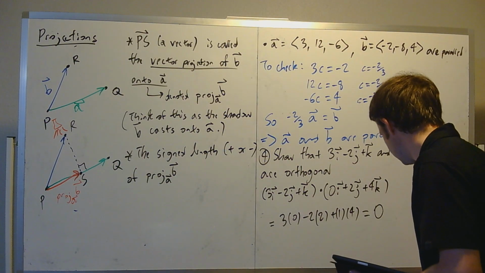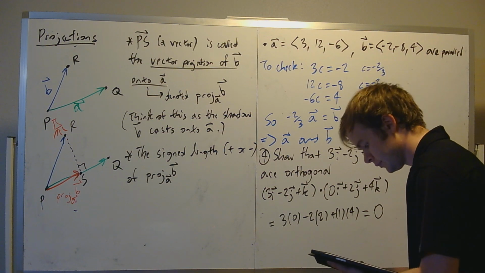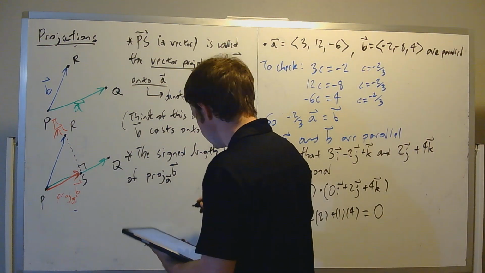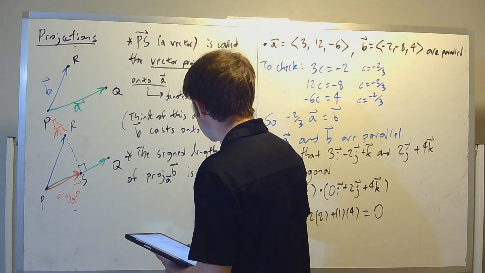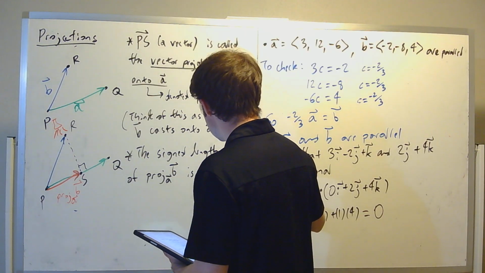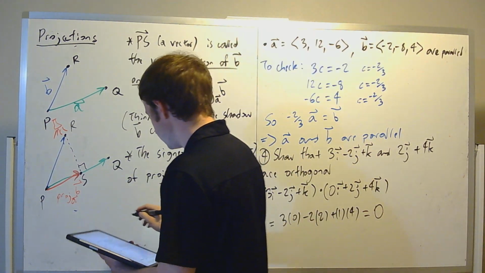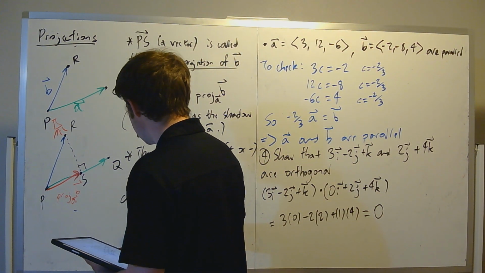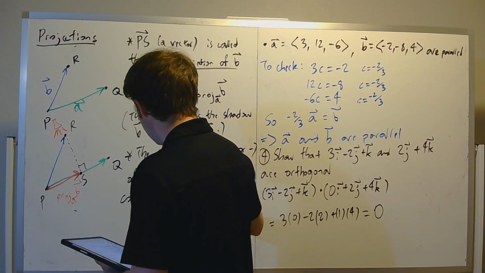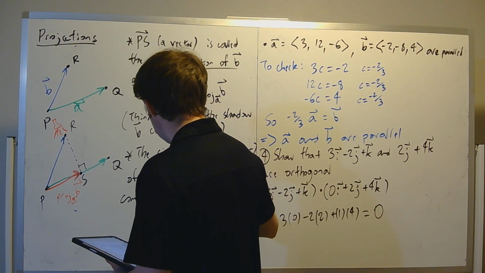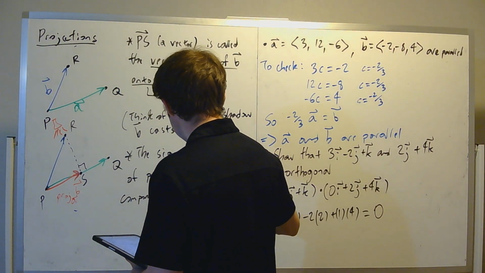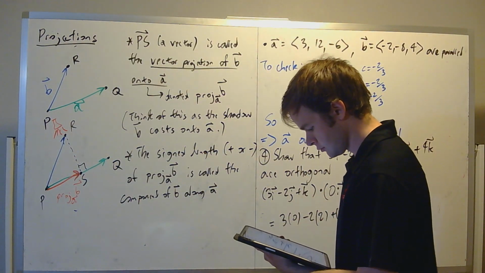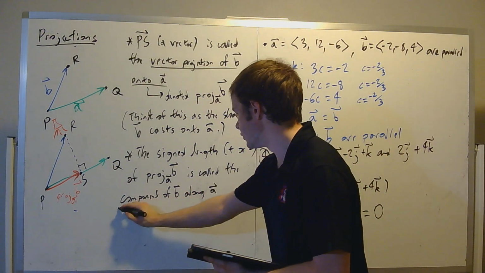right? So the length of this projected vector is called the component of B along A. So I'll underline that.